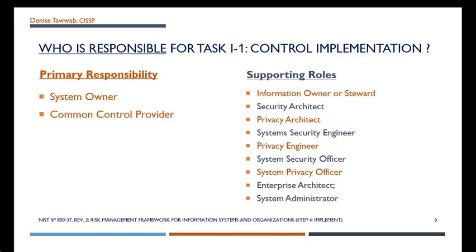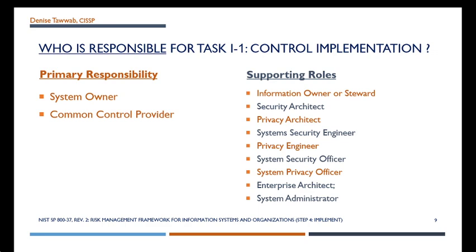Okay, who's responsible for control implementation? The primary responsibility belongs to the system owner and to the common control provider for any common controls that are provided to the system. Supporting roles can be played by your information owner, your security and privacy architects, your system security engineer, privacy engineer, your system security officer, your system privacy officer, the enterprise architect, and of course the system administrator.